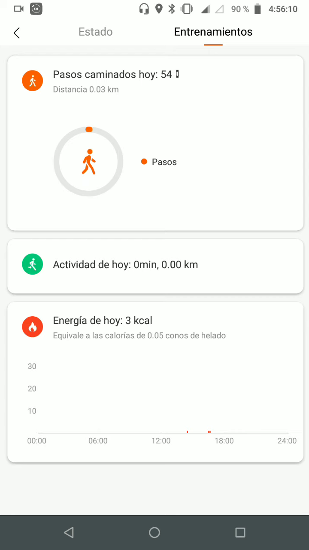Okay, here in this section we can see what is related to the daily activity that each person has. In this case, there is no record of activity included in steps today.